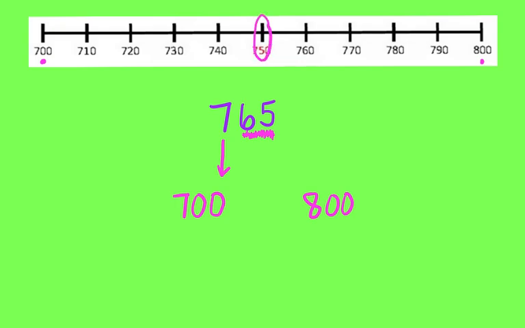On our number line, we know that 765 is halfway between 760 and 770. So this is definitely more than halfway. So we're going to round this number up to 800. 65 is more than 50, so it rounds up.